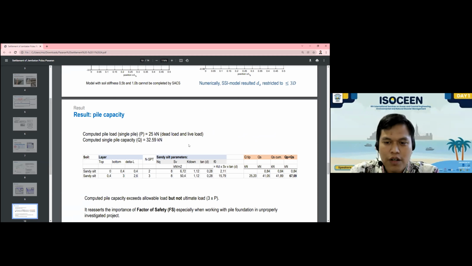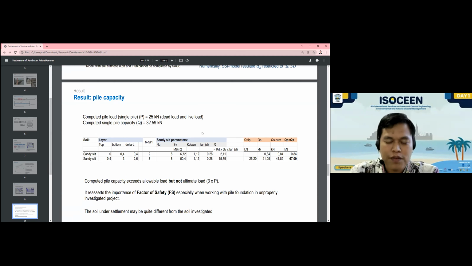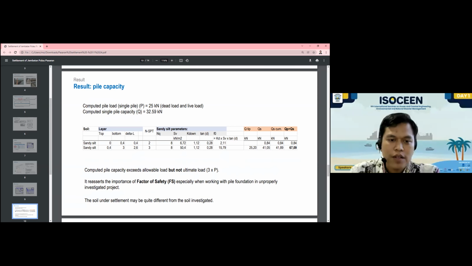So for comparison, we calculated the pile capacity, actually for a single pile. It is computed that the pile load from dead load and live load, which consists of the weight of the structure and the man and vehicle above the bridge, is 25 kilonewton.